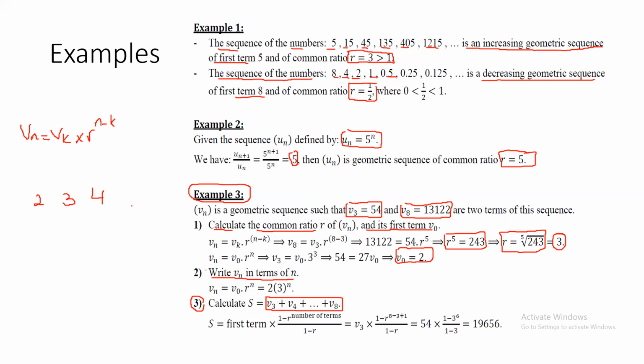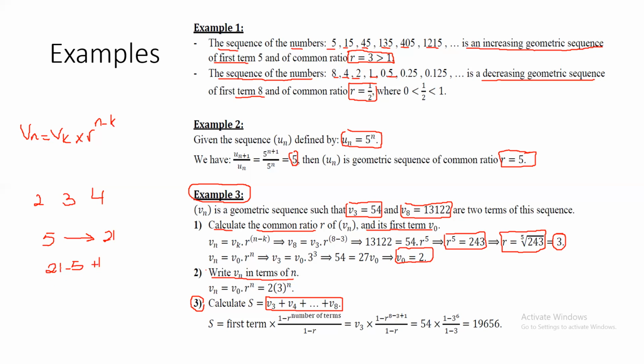And from chapter 5 to chapter 21, how many chapters? 17: 21 minus 5, plus 1.